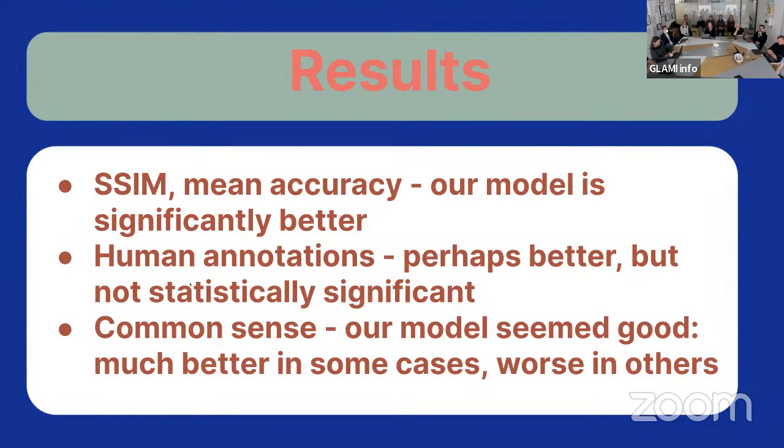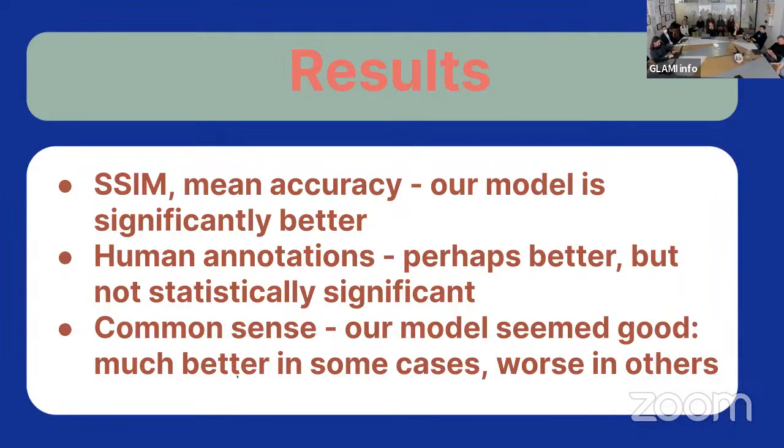They said our model is better, but not statistically significantly enough to show you the graph. And from a common sense view, of course, it was worse in some cases, but it did segment some classes really well compared to U-square-net. Mostly the ones which had a white background but had many holes in it. We were really good at that.